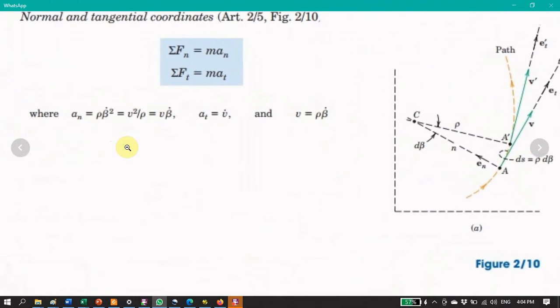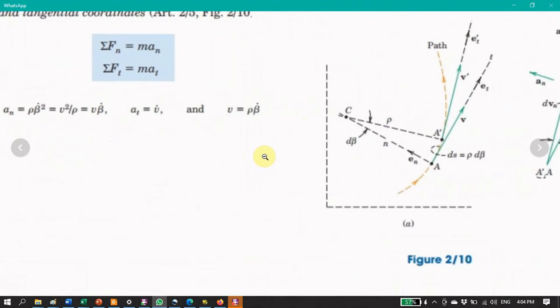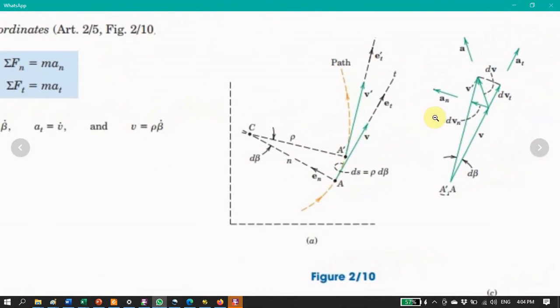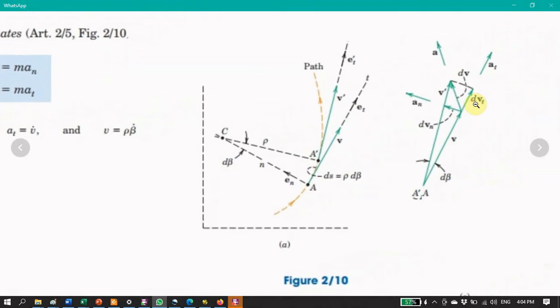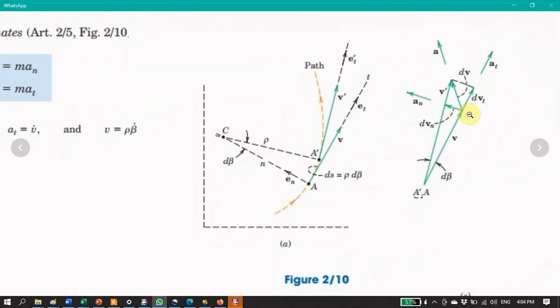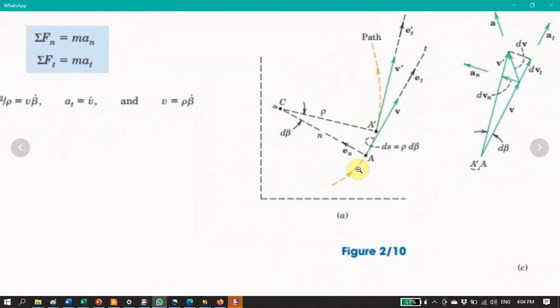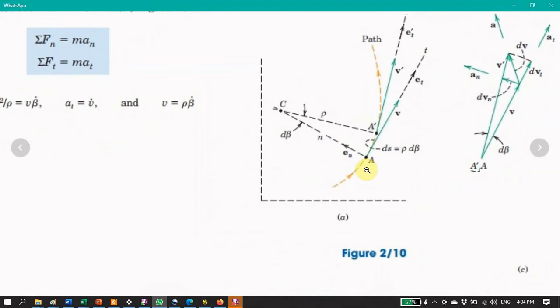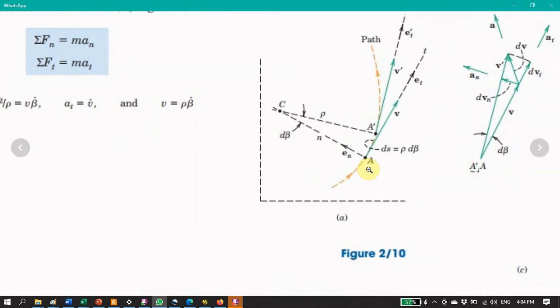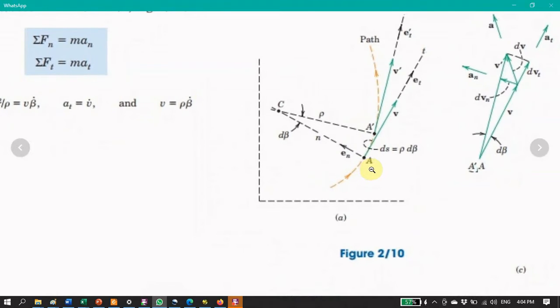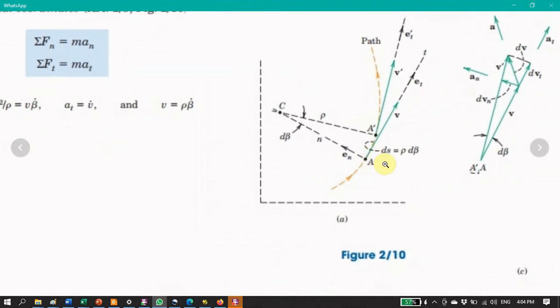So for the normal and tangential coordinates, we can find that the way that we're going to represent that is based on the one on the right, where we make sure that the point A and A prime coincide.